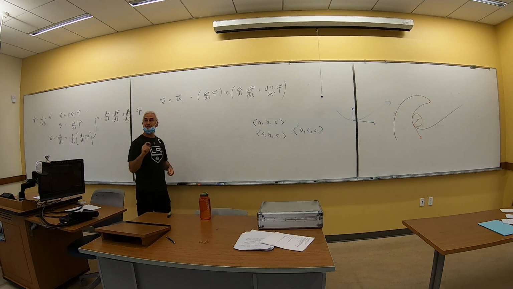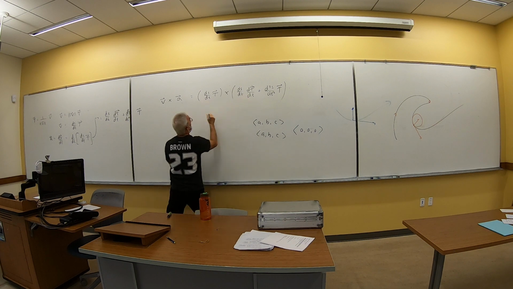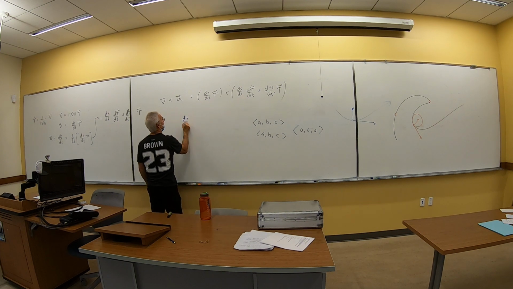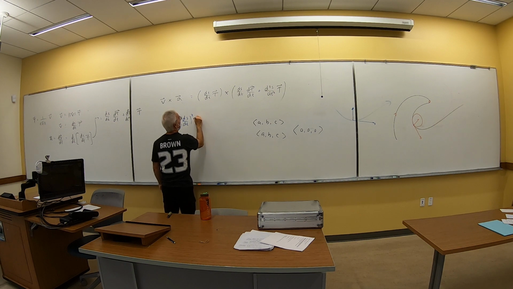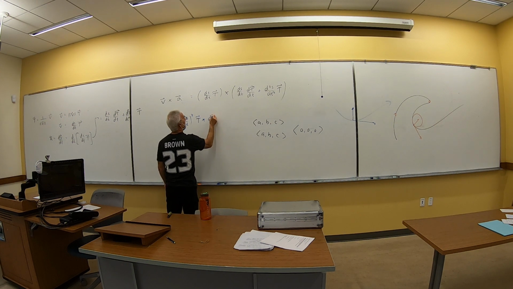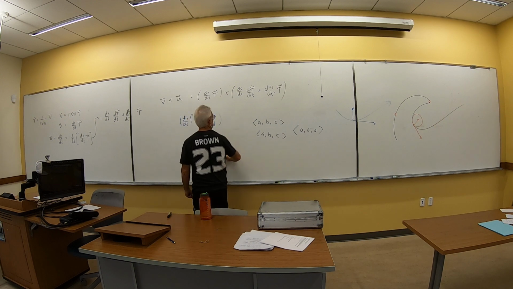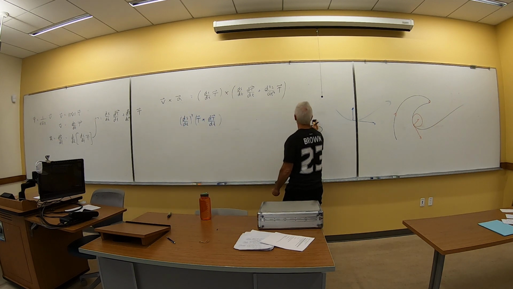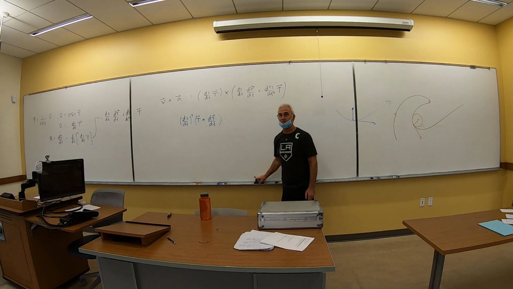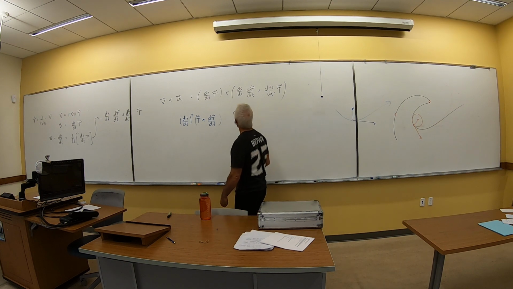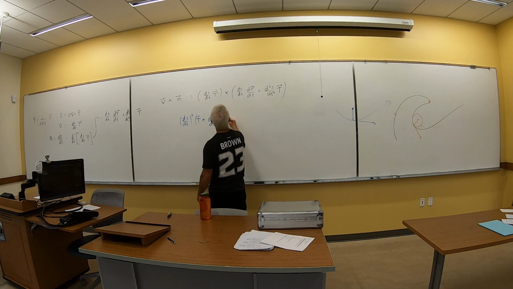Let's do this. Cross product is distributive. It's not commutative, but it is distributive. So the first one's going to be (ds/dt) quantity squared, T cross dT/dt. So far, so good? Then what's the next one going to be?